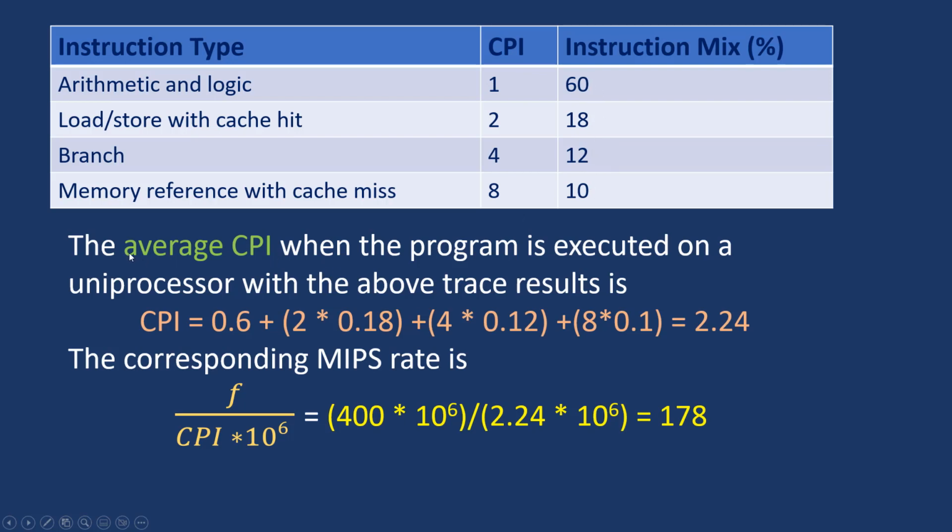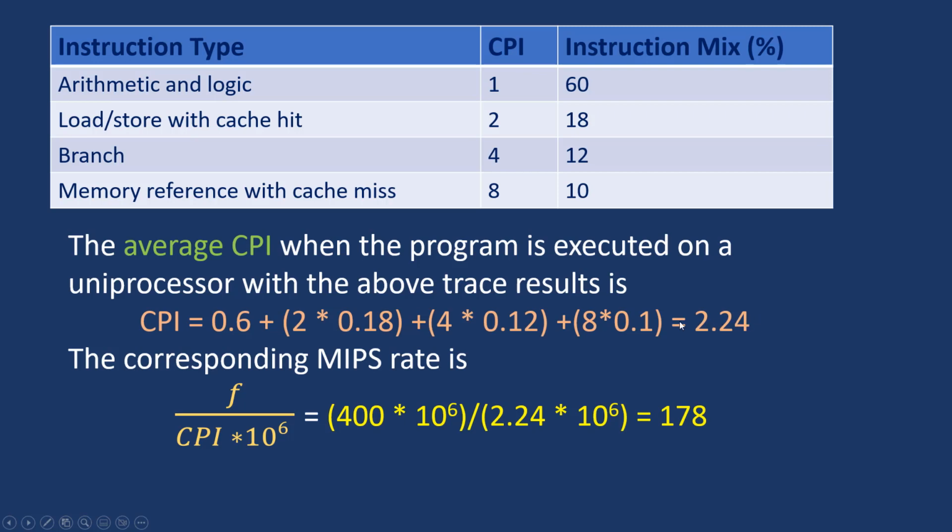Let's see the average CPI when the program is executed on a uniprocessor, this is one processor, with the above trace result. This is 60% times 1, plus 2 multiplied by 80%, plus 4 multiplied by 12%, plus 8 multiplied by 10%. All this together comes to 2.24.